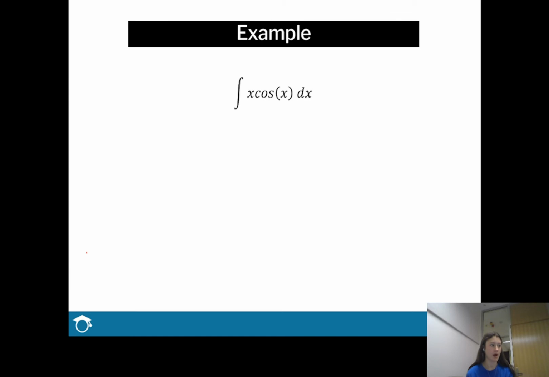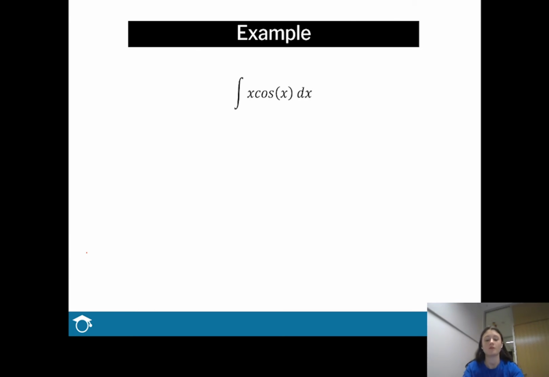In cases where you have, say, e to the x, obviously the derivative or integral of e to the x is always just e to the x. So those ones have a bit of a knack to them, which I'll get to in the next slide.